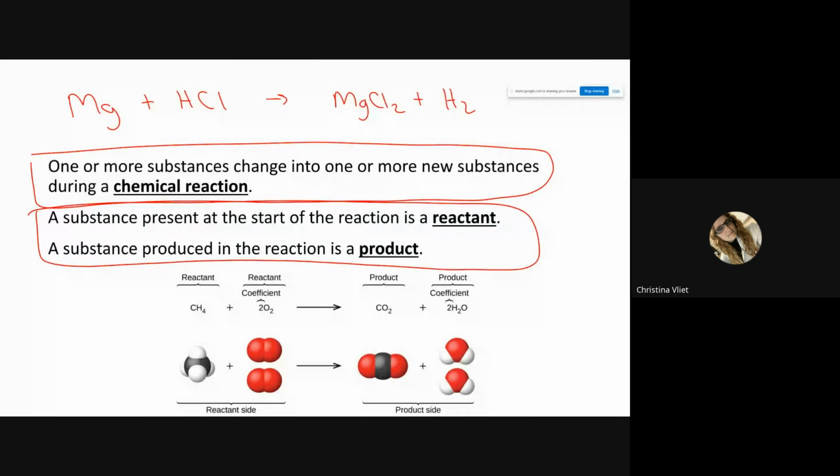You've got to be able to look at a chemical reaction and know what are your reactants and what are your products. So write the definitions and then that chemical reaction, and then you should identify what are your reactants and what are your products by looking at that chemical reaction. That's what you've got to be able to do.